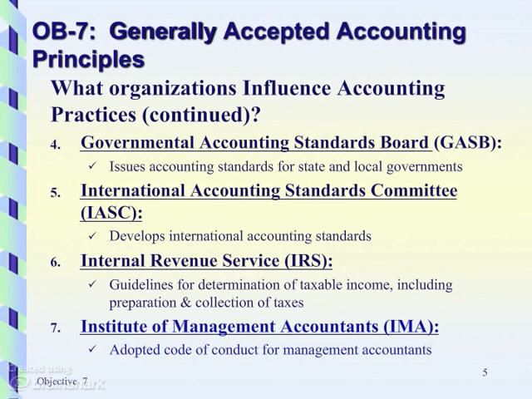Lastly, we have the Institute of Management Accountants, the IMA. This group adopts a code of conduct for management accountants, those types of accountants that are working within the management of the business or businesses.